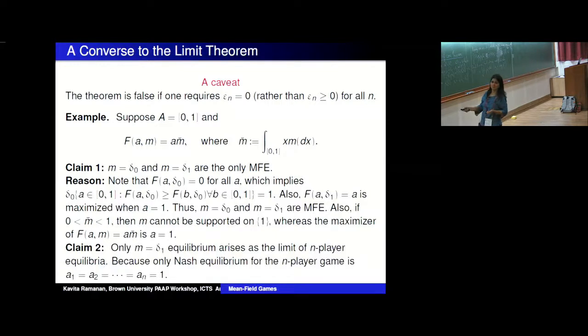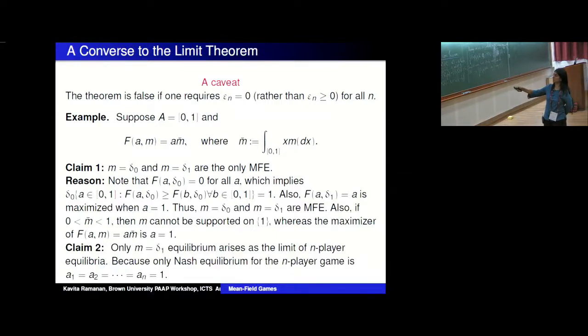Here's an example so that you see it, a simple, trivial one. So A is just the interval [0,1], and f(a, m) is just a times the mean of the measure m. And so the claim is that m equals delta 0 and m equals delta 1 are the only mean field equilibria in this case. So what does that mean?